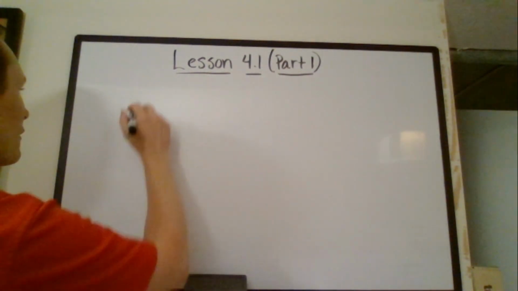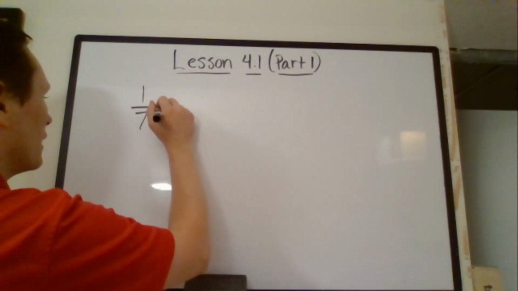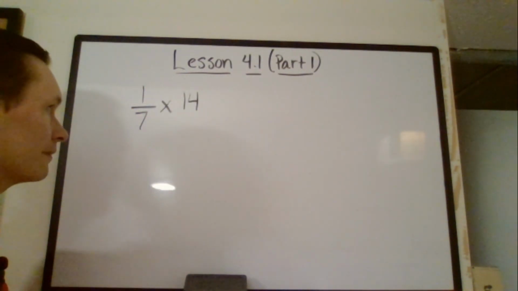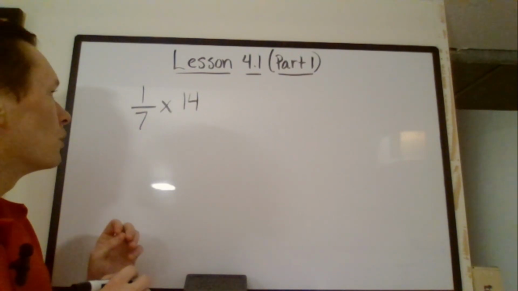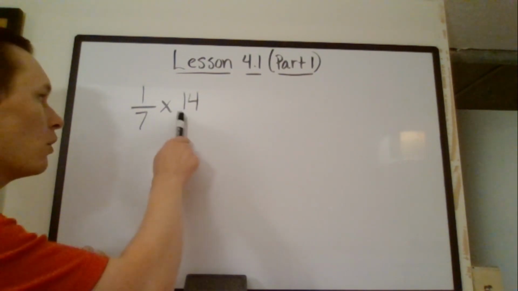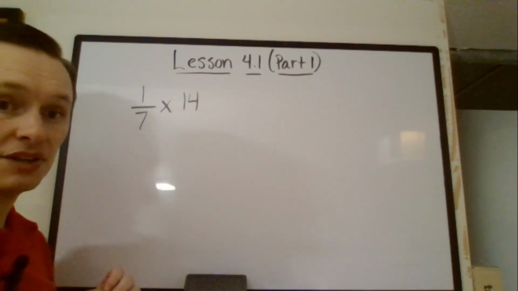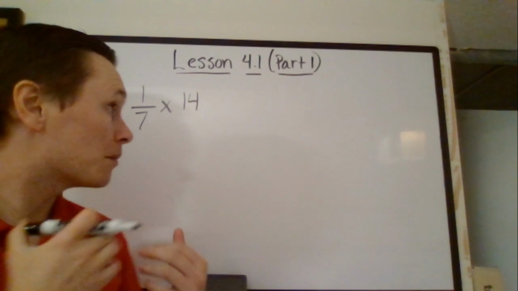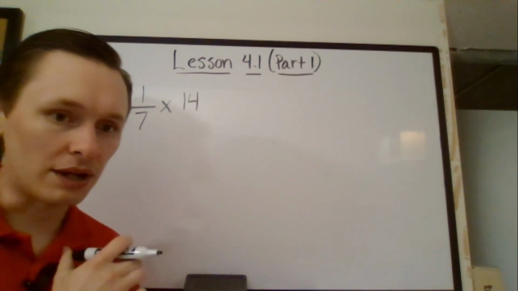So I have 1/7, and I'm going to multiply that by 14. We want to change the whole number to a fraction, and we said the way to do that was to put a denominator of 1.